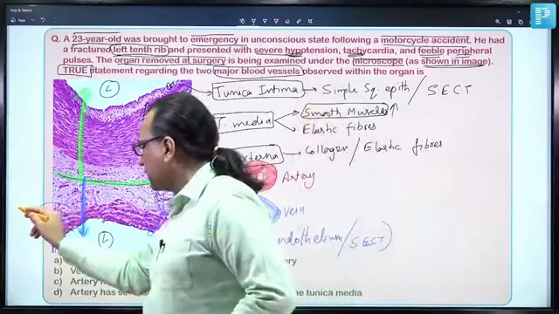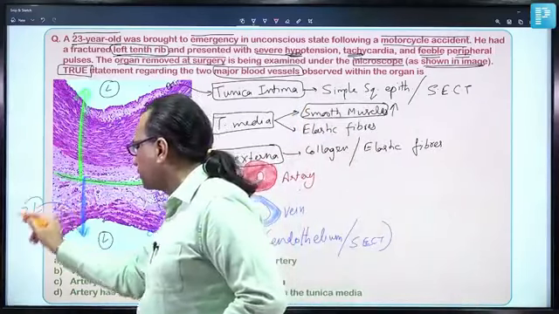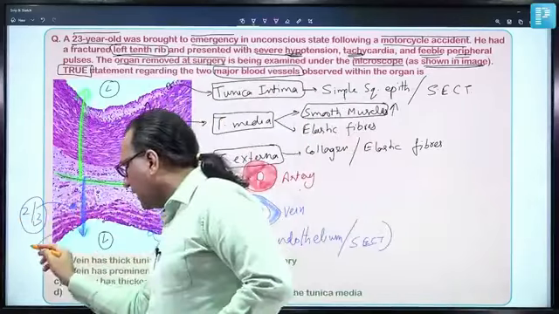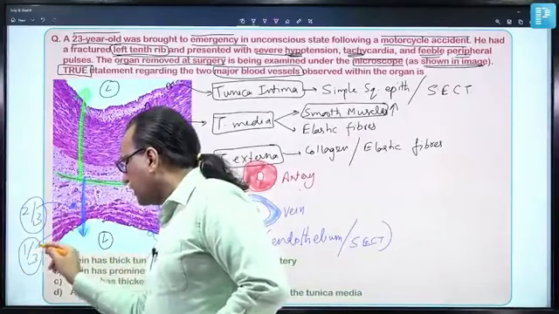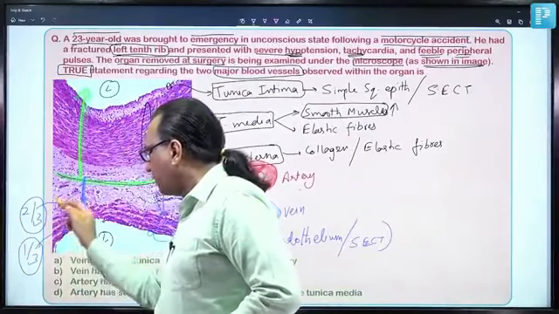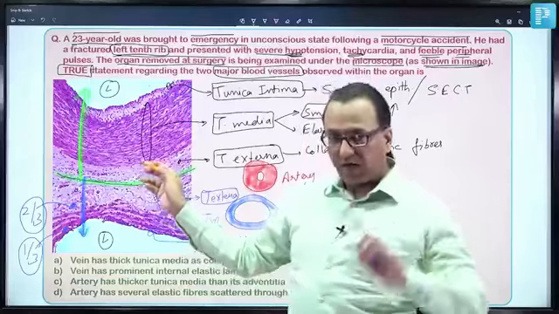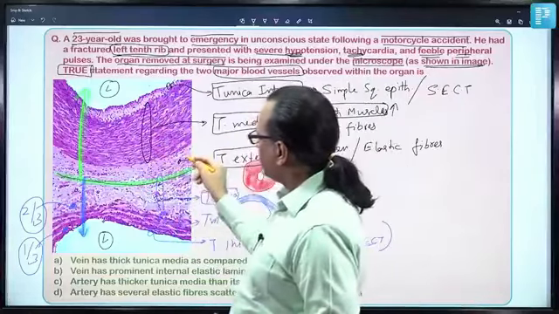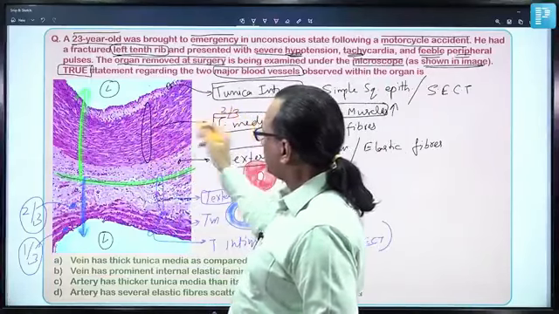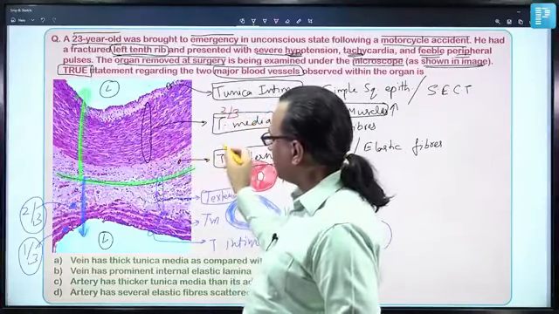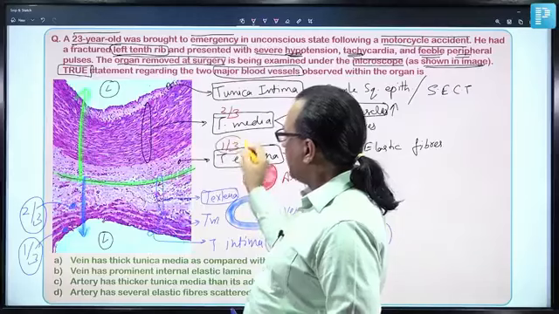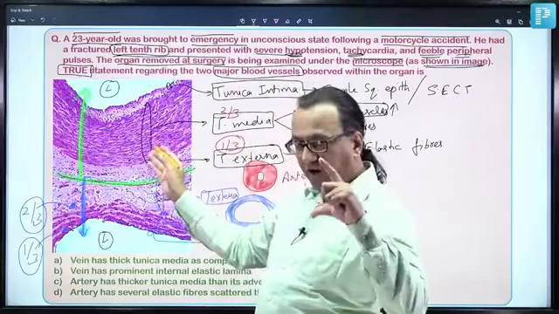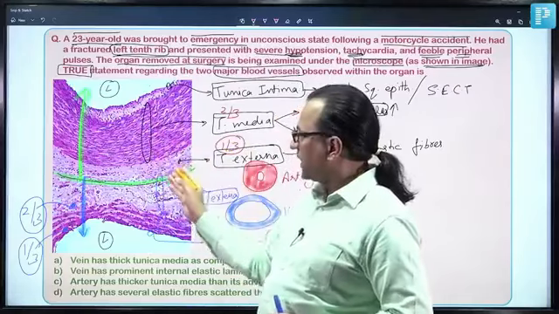But on the other hand, if you are comparing it with an artery, it is the reverse. In an artery, the tunica media is 2/3 of the proportion, whereas the tunica externa is 1/3. That means in an artery, tunica media is significantly larger than the tunica externa.